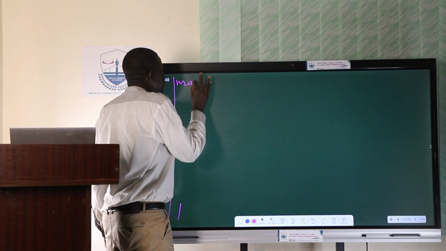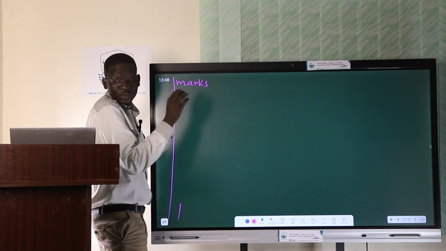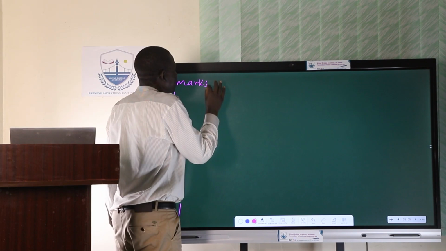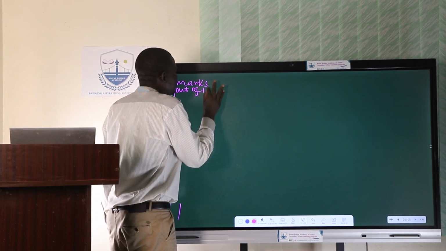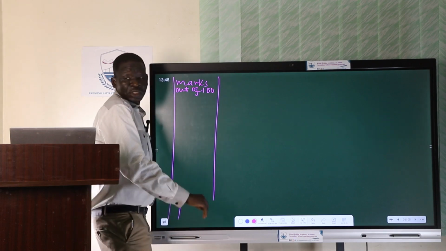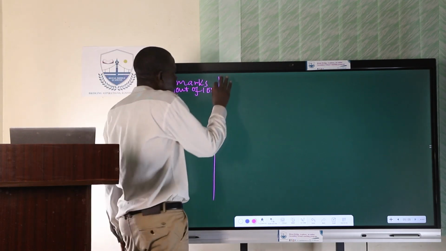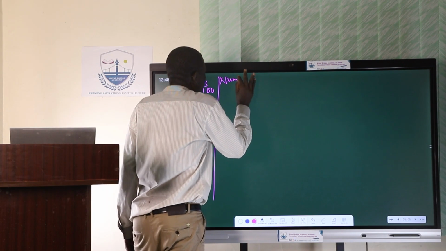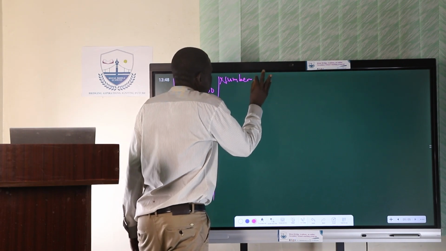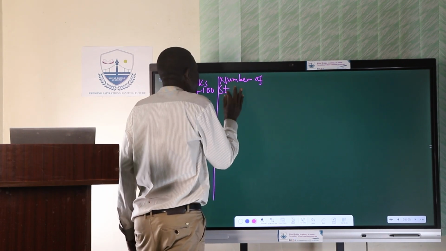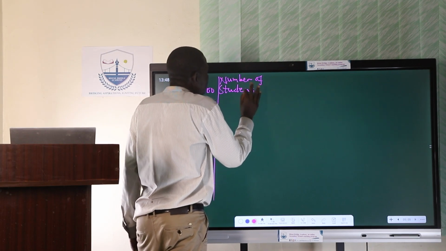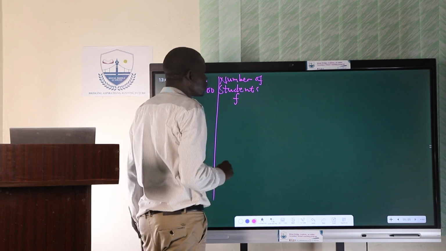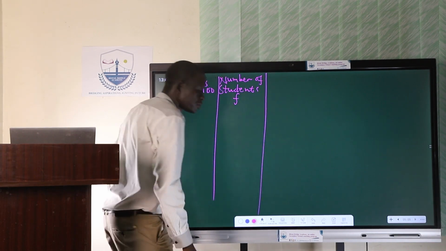We have marks, which is out of 100. Then we have number of students, another name for which is the frequency.